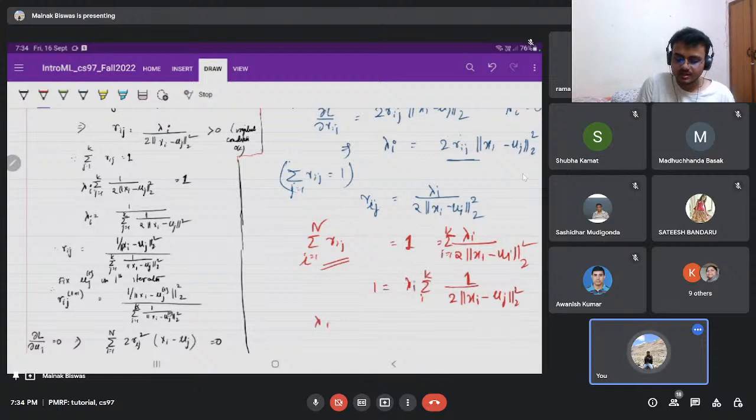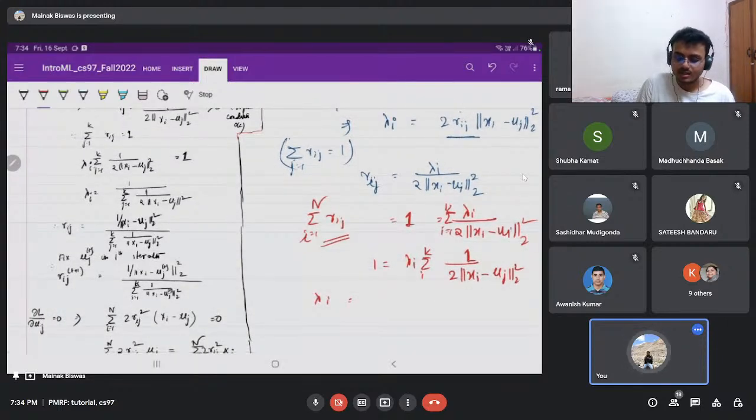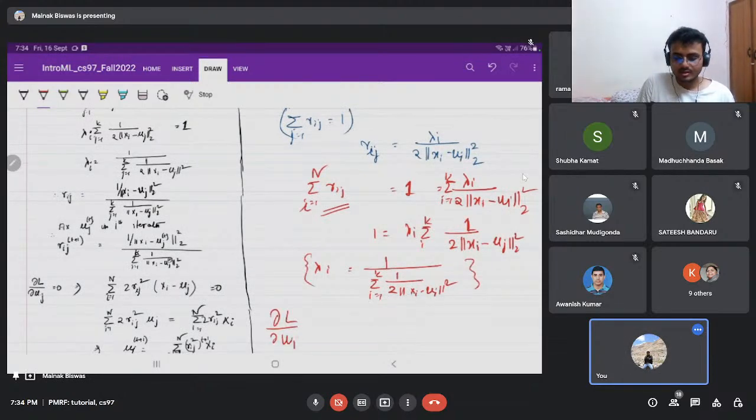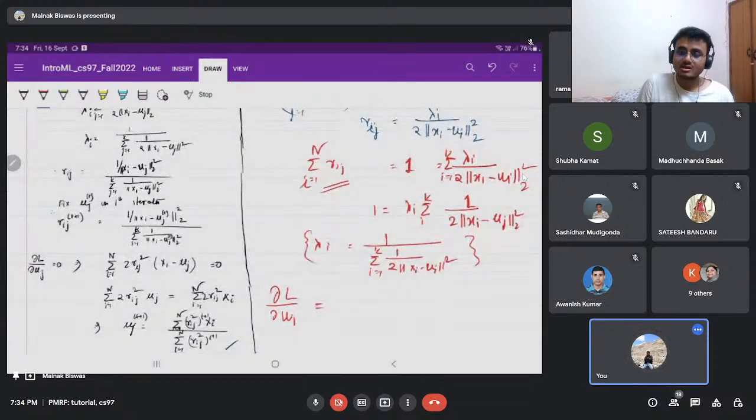So what is lambda i? This turns out to be 1 by the summation of 1 over 2 (xi minus mu j) squared. That's it. So once you get lambda j, you can also calculate dL by d mu j to get a similar equation.